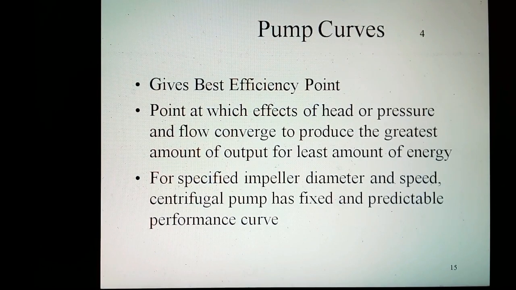Pump curves. It gives the best efficiency point, which is the point at which effects of head or pressure and flow converge to produce the greatest amount of output for the least amount of energy. For a specified impeller diameter and speed, the centrifugal pump has a fixed and predictable performance curve.